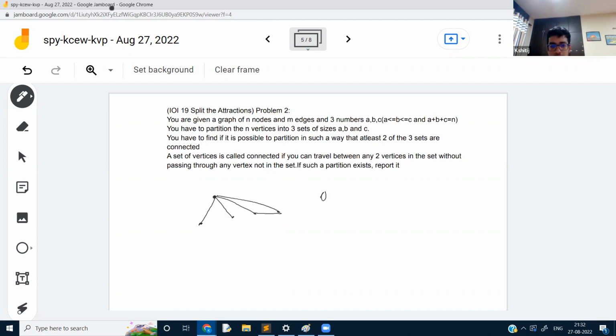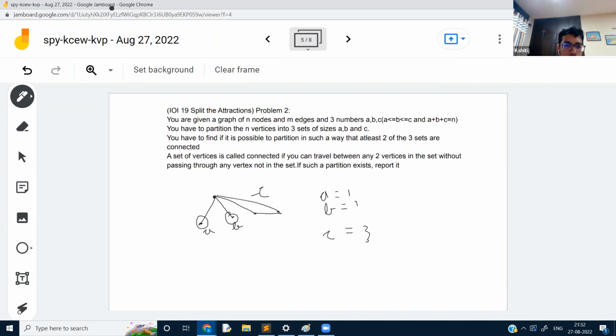I will give an example. If A is 1, B is 1, and C is 3 in this graph, we can give this node to A, this to B, and these three nodes to C. If you notice, this is connected, and this is also connected.